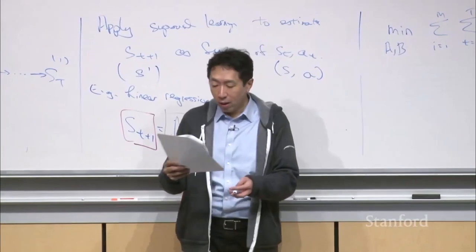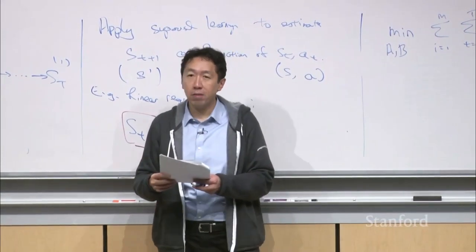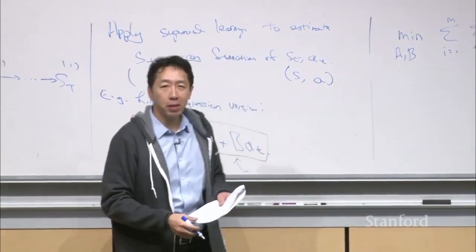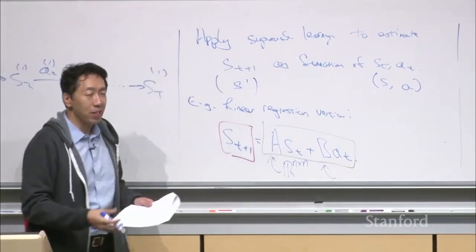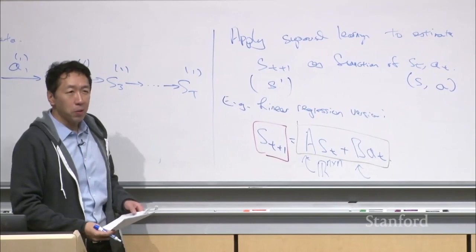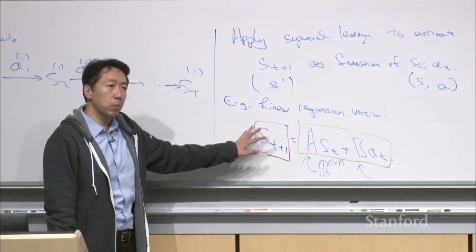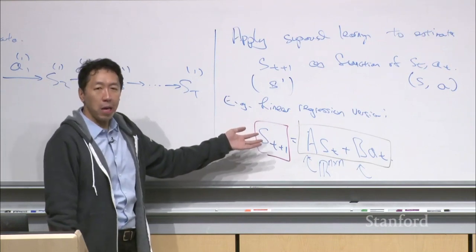Okay. So this is the linear regression version of this, and when we talk about some other models later called LQR and LQG, you see this linear regression version of a model as well. This is really just a linear model of the dynamics, right?